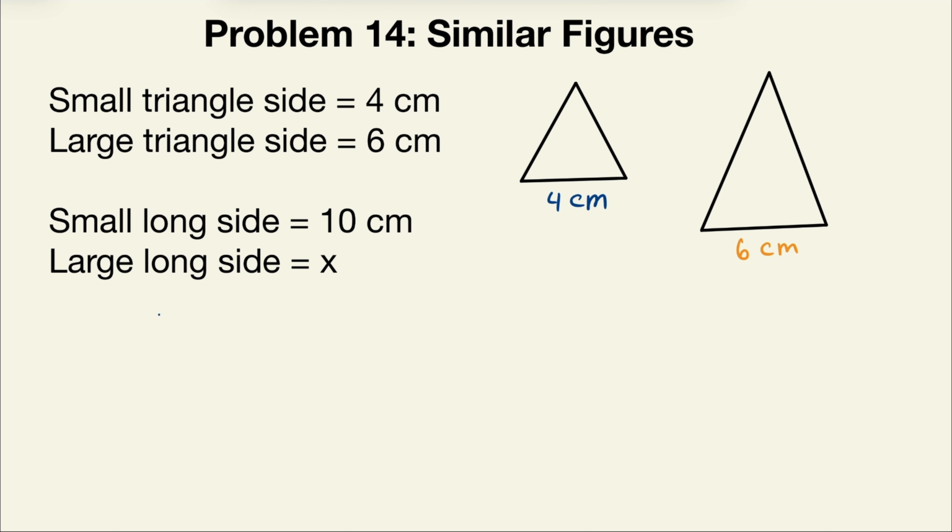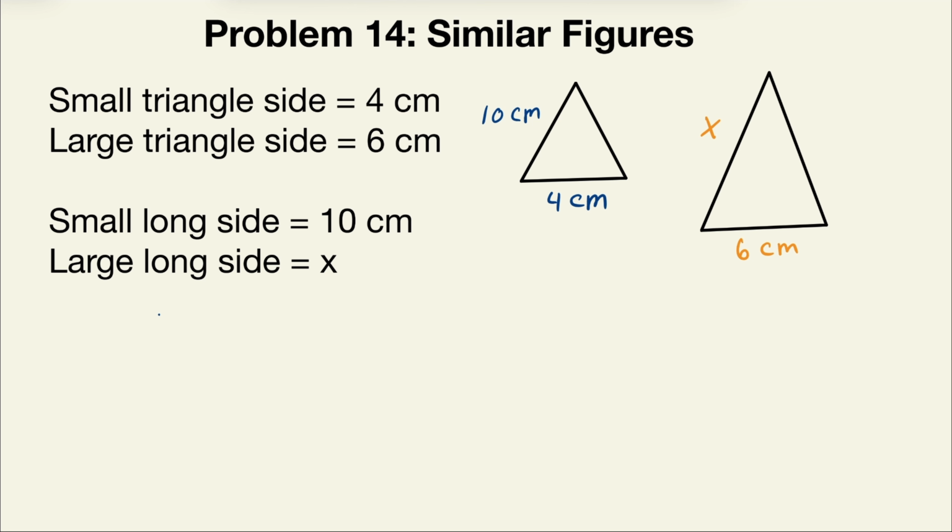And so now we have to label the small long side, which is equal to 10 centimeters on the small triangle. That is 10 centimeters. And last but not least, we have the large long side, which is x. And notice that is a corresponding side to the small triangle as well.